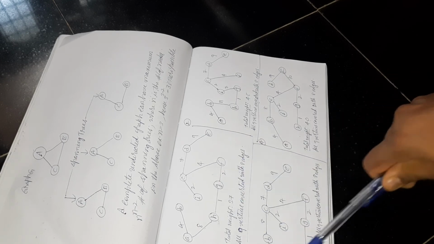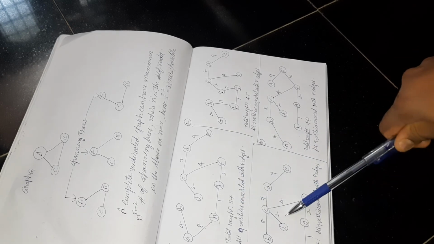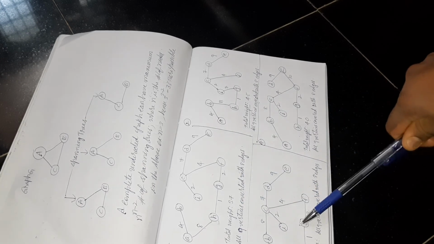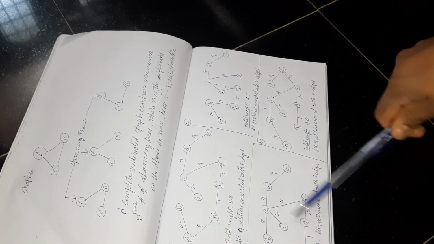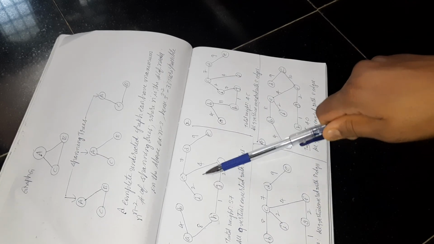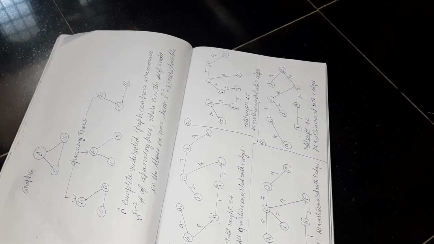That's why in the final answer key he gave the first option and third option. Two options are right because the minimum weight is the same for these two minimum spanning trees. These two can become minimum spanning trees of the given graph.